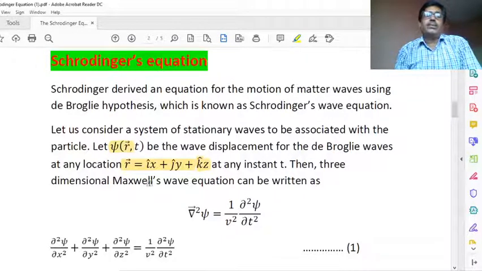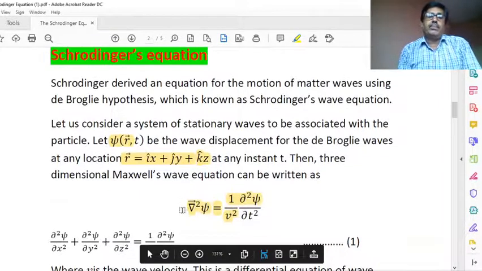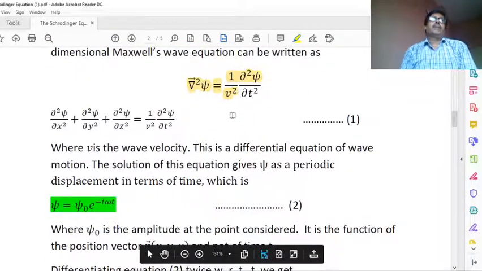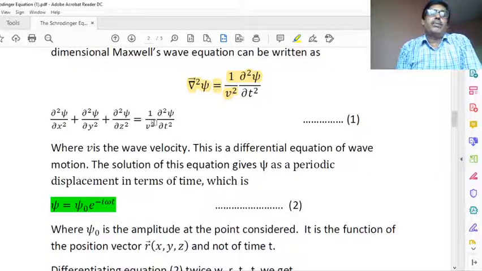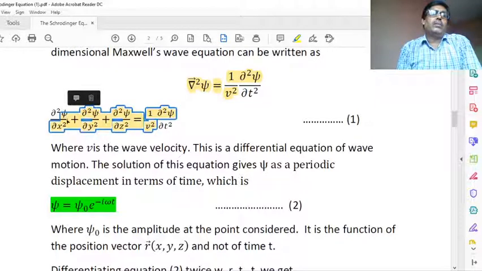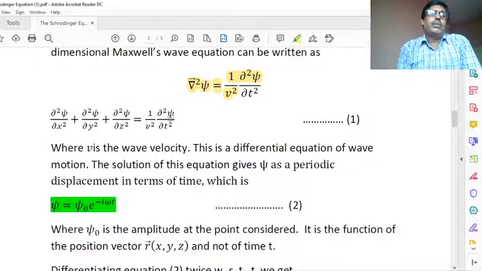Then the three-dimensional wave equation can be written as this, and in component form we write: del 2 psi by del x square plus del 2 psi by del y square plus del 2 psi by del z square is equal to 1 by v square del 2 psi by del t square. What is v? v is the wave velocity.